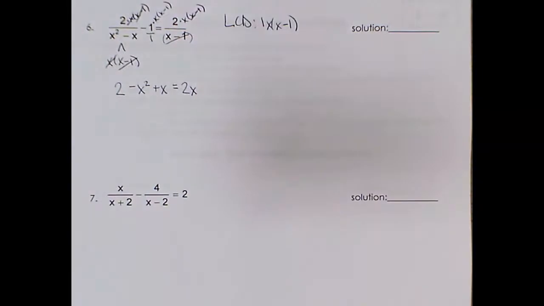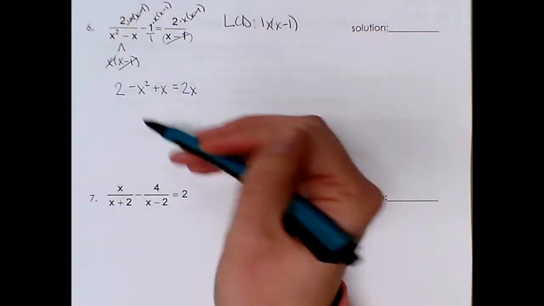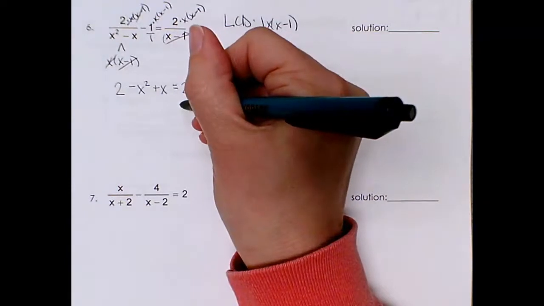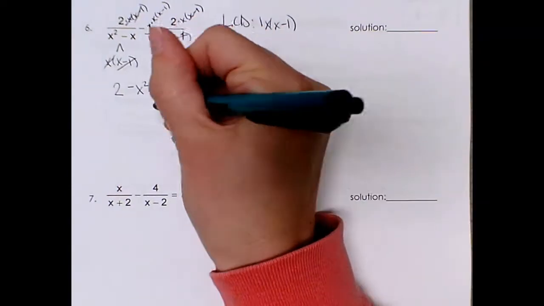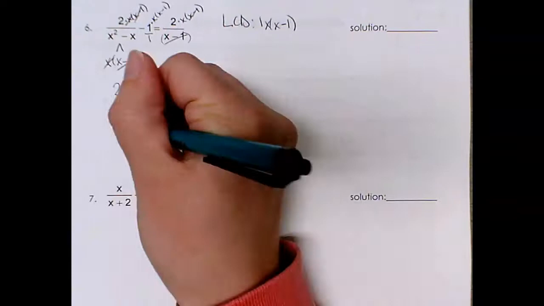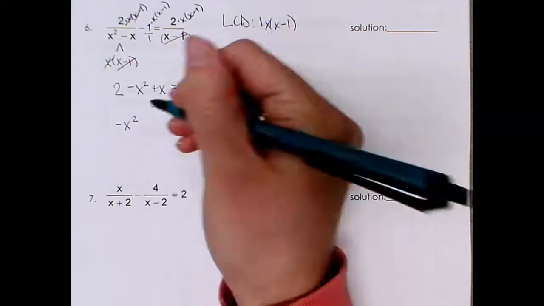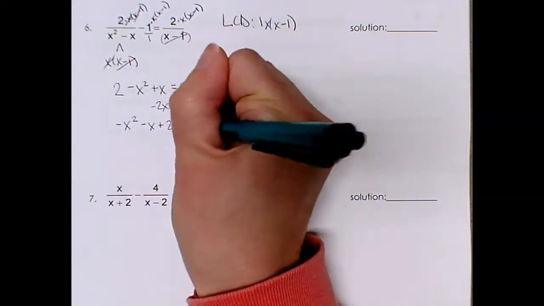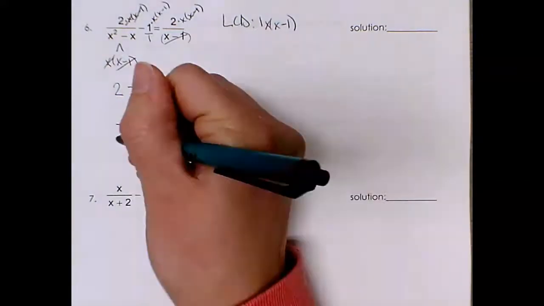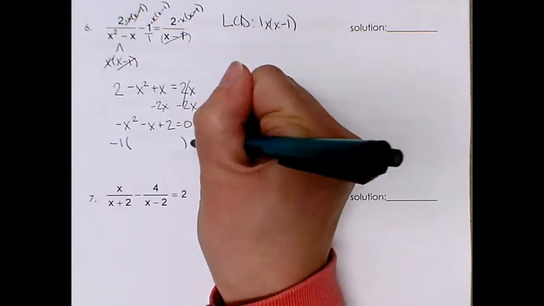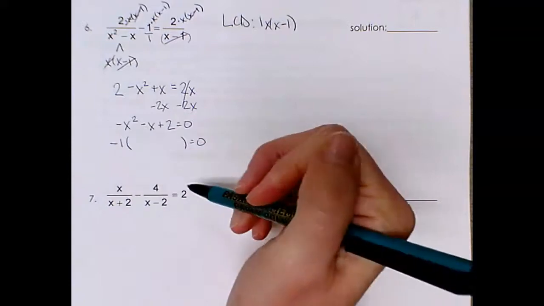Again, we have a quadratic, so I want everything on one side, and I want my equation to equal 0. I'm going to reorganize. Negative x squared minus x plus 2 equals 0. I'm also going to factor out a negative 1, because I don't want my leading coefficient to be negative.